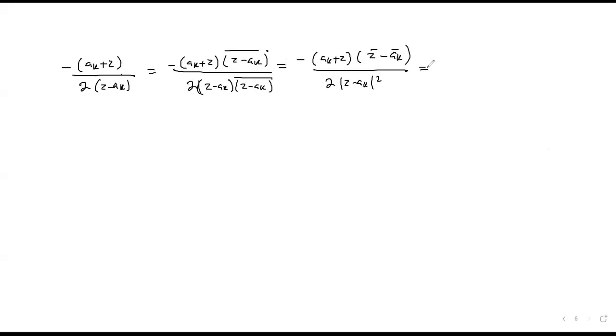So what will we get? Let's see, keep the minus outside. It would be ak z bar minus ak into ak bar, then plus z into z bar, then minus z into ak bar, whole divided by 2 into modulus of.